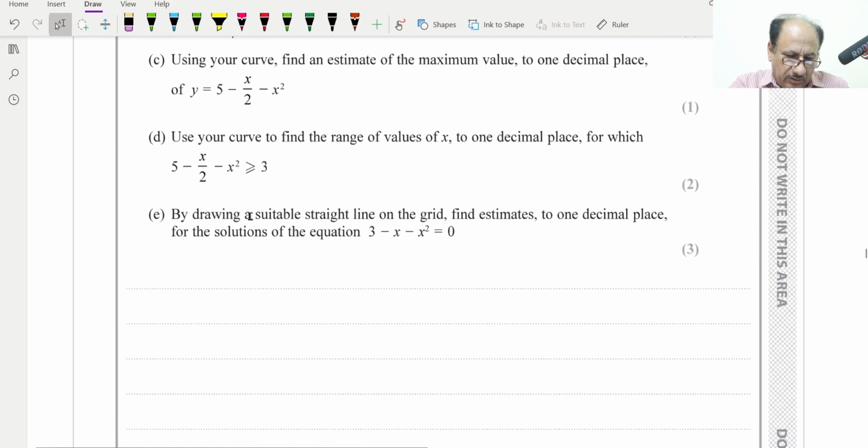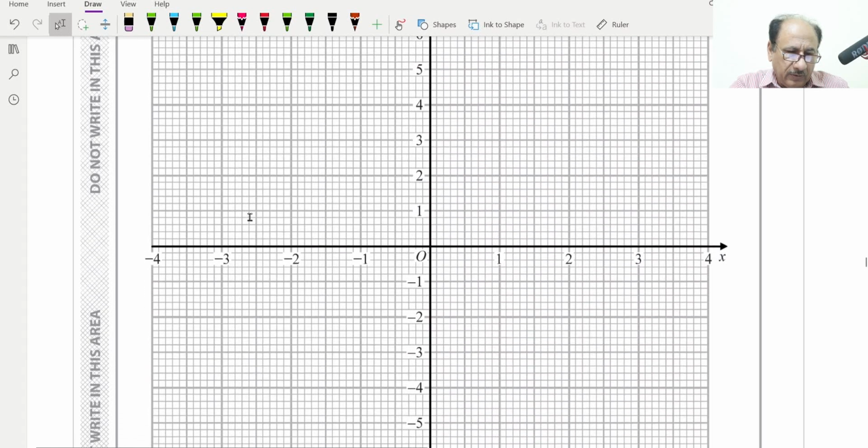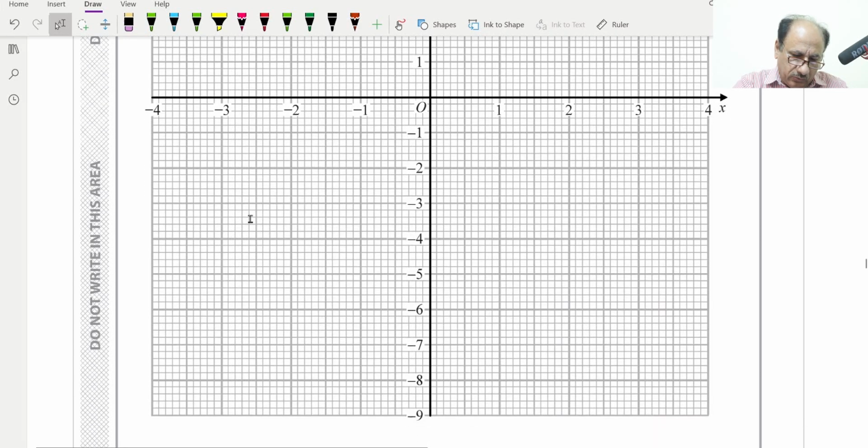Minus 4 and minus 9 on this one we have to plot, so minus 4 and minus 9 will be this point. The next point is minus 3 and minus 2.5, so that will be this point.